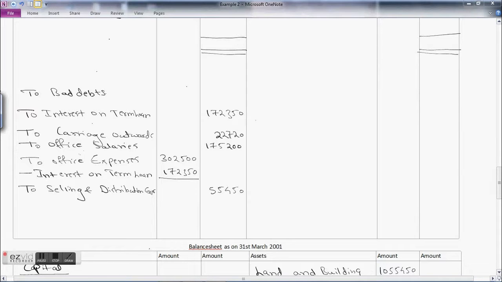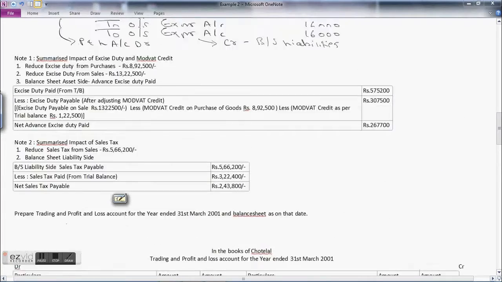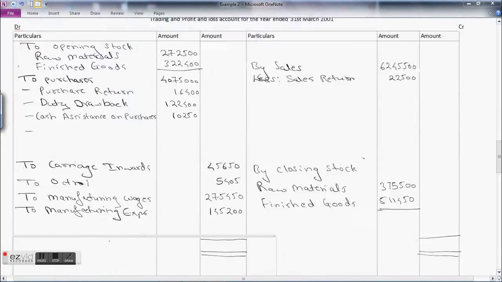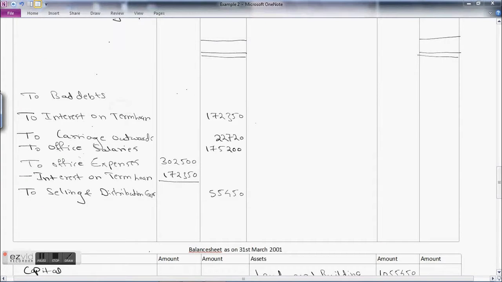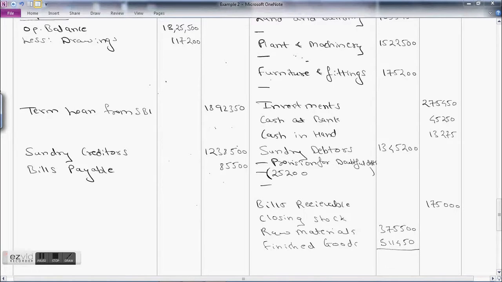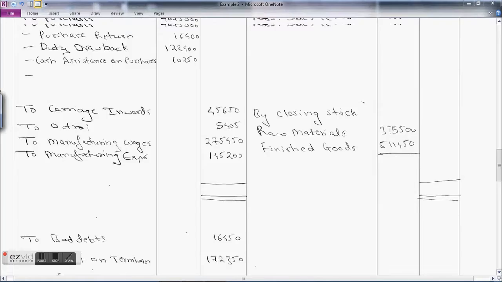How much is the amount of bad debts? 16,450. And the next effect is reduce it from debtors, sundry debtors, so less bad debts 16,450. Okay, then the next one.